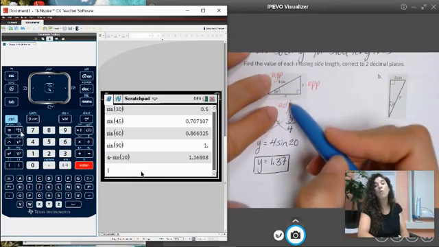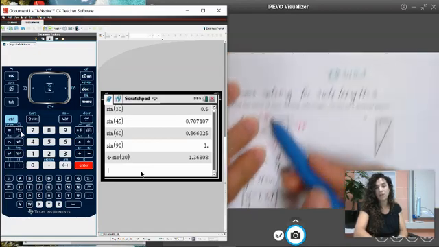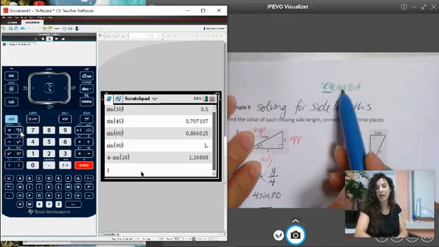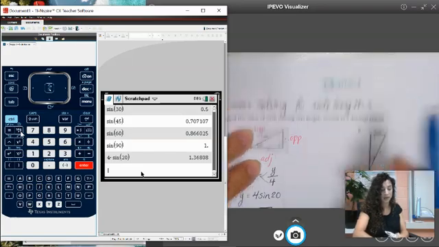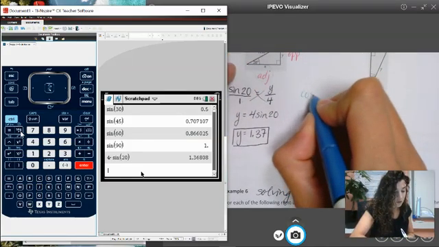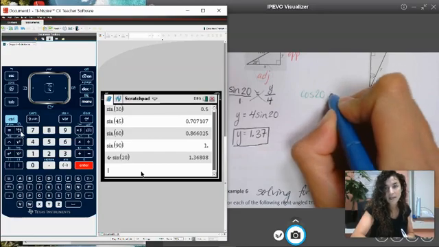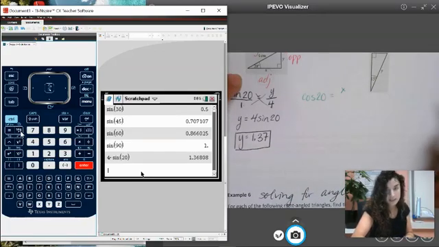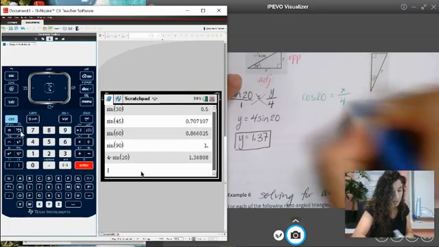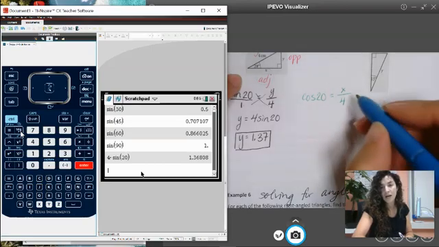So here we have adjacent, we want adjacent, and we have hypotenuse. So we go to SOHCAHTOA and we find where adjacent and hypotenuse are together, and that's with cosine. So I'm going to do cosine of 20 equals the adjacent side length over the hypotenuse.